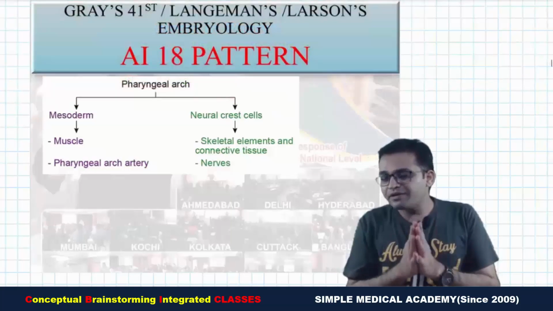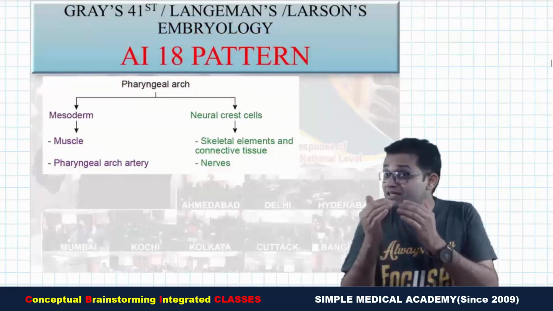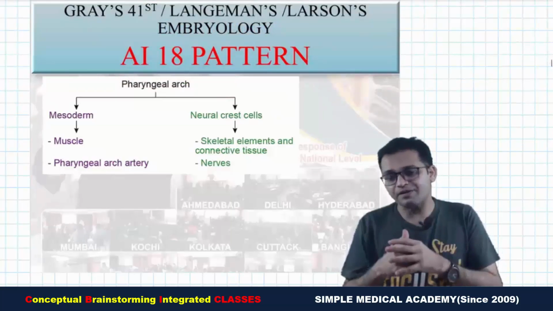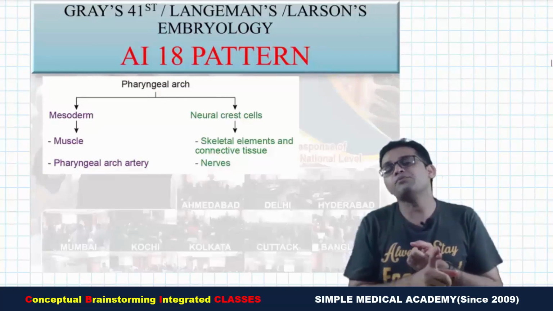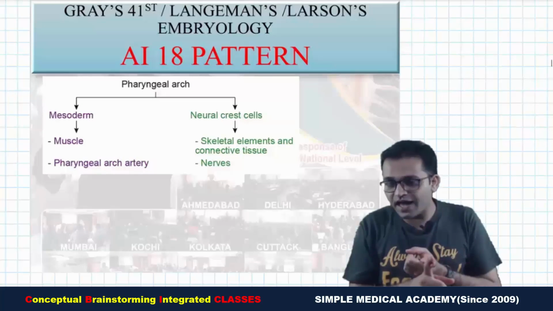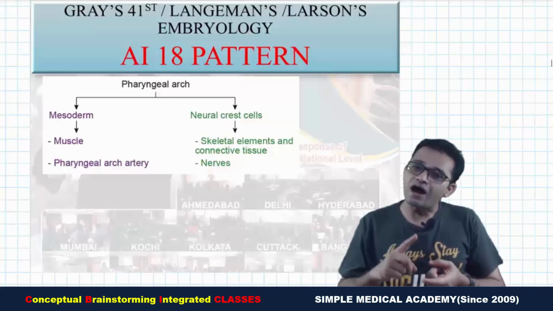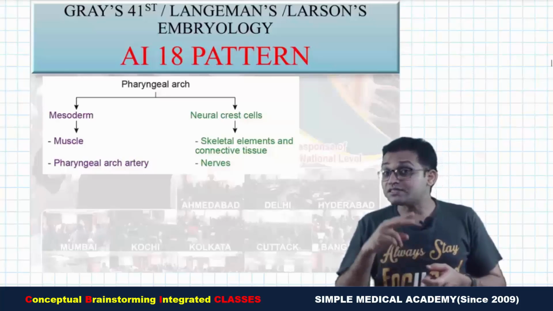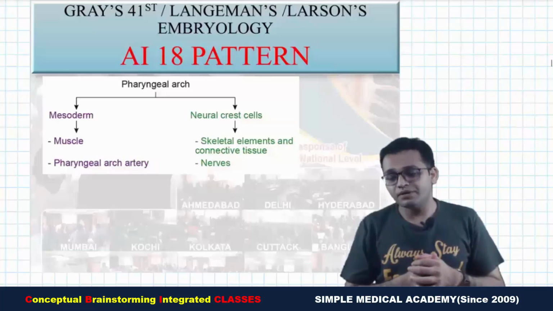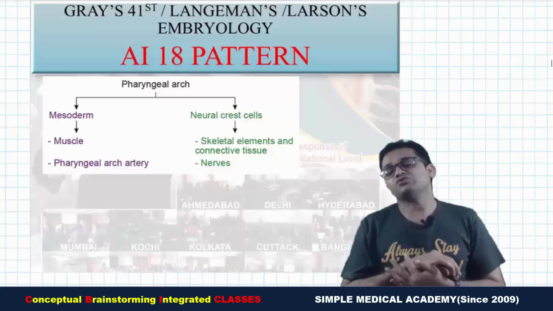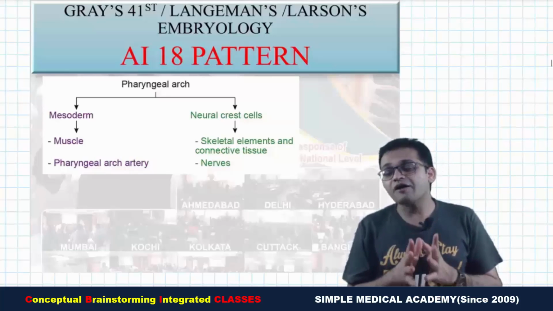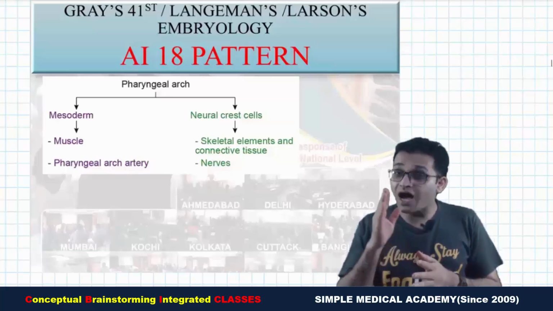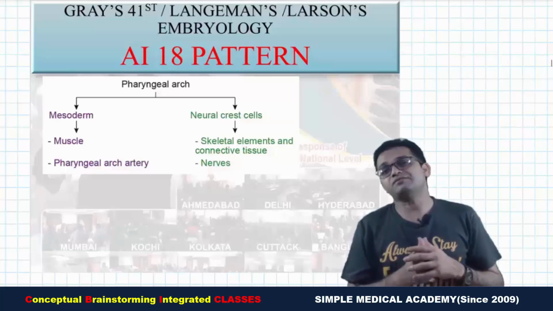Yes, the primary mesoderm or primary mesenchyme in the pharyngeal apparatus forms the muscular component as well as the arterial component. But the secondary mesenchyme, the mesoderm developed by the neural crest cells, makes the pharyngeal arch nerve and the skeletal element.